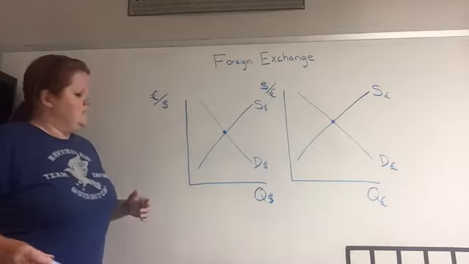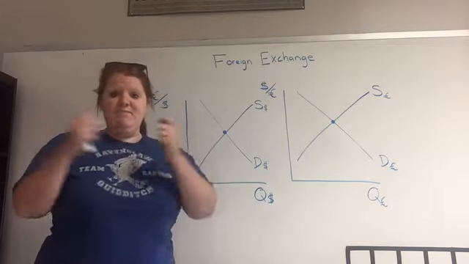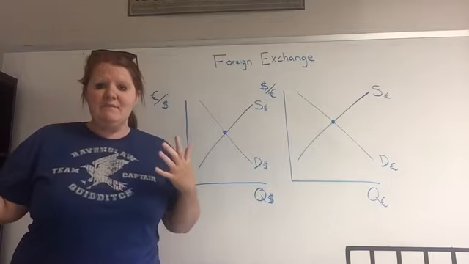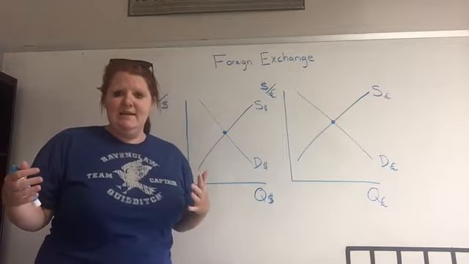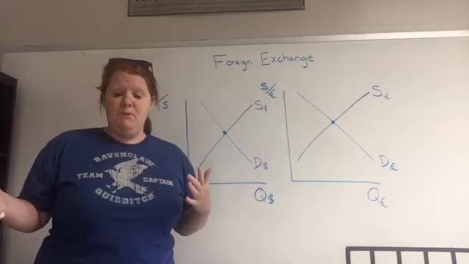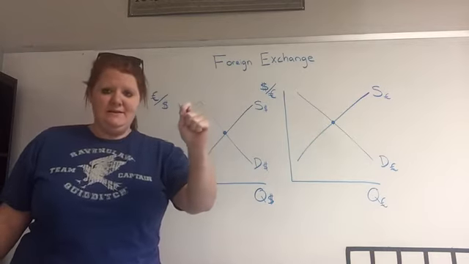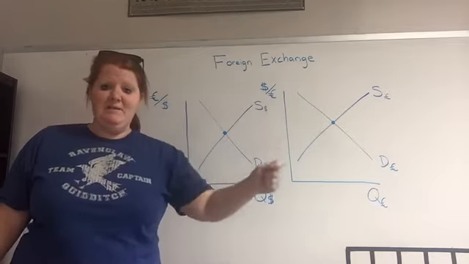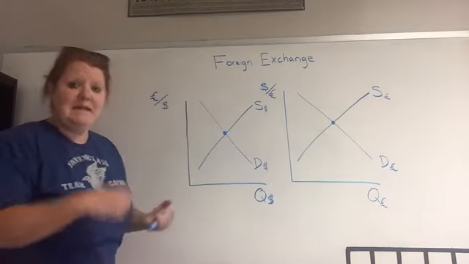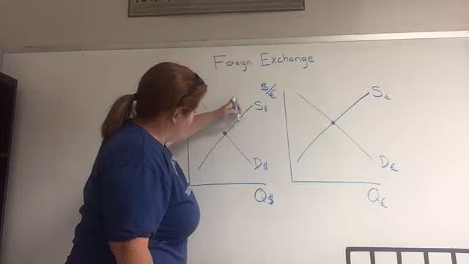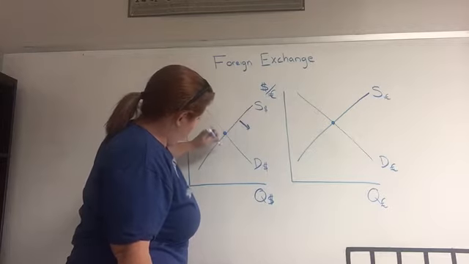So if I go to France and I have my U.S. money, I've got to somehow exchange it and get euros so I can spend over in France. So I have U.S. dollars. I have to supply them. So you're going to see the supply of U.S. dollars increase, so we move to the right.